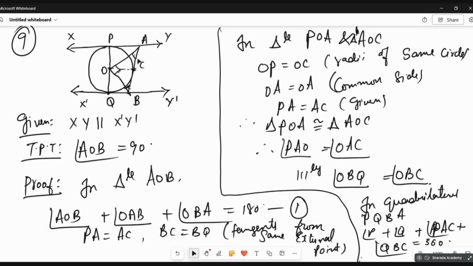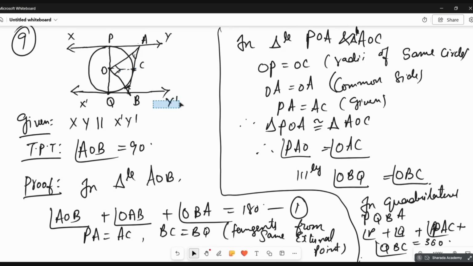So in a triangle, the sum of all the angles is equal to 180 degrees. So if I add this one angle, two angle, and three angle all together, I should get 180 degrees. Now, if I want to prove this 90, that means if I add these two angles and get 90 degrees, then this angle will also be equal to 90 degrees. So that we are trying to prove. Okay.